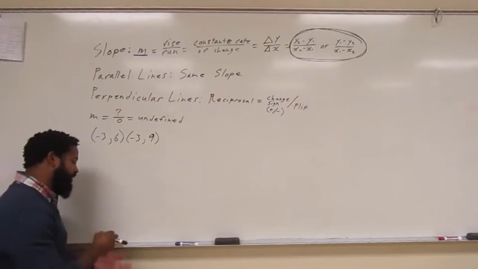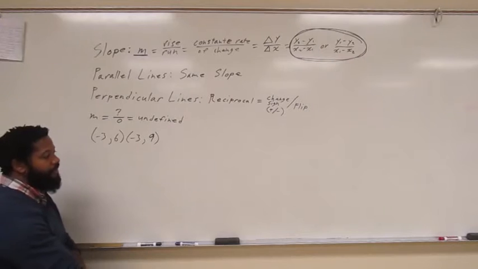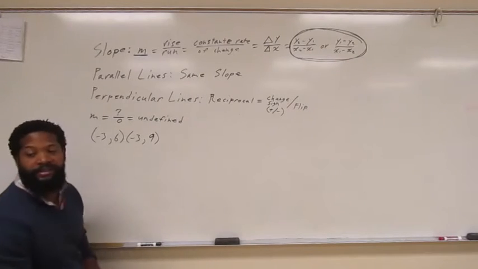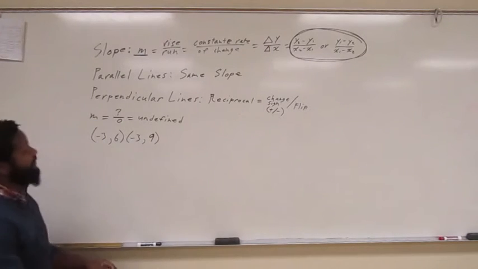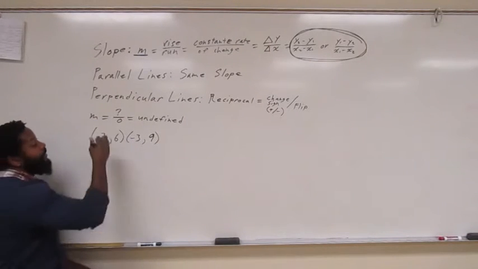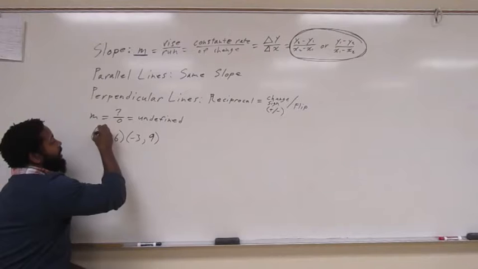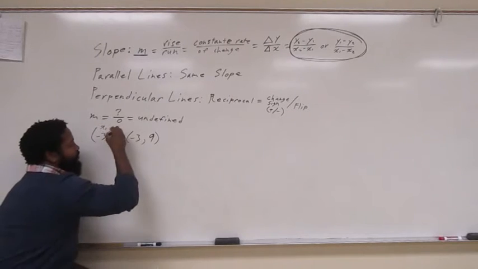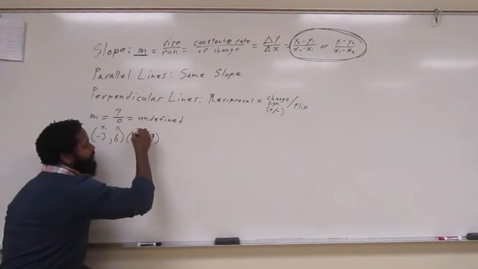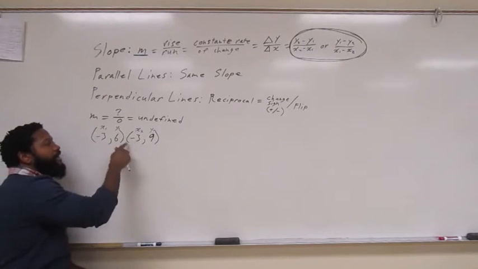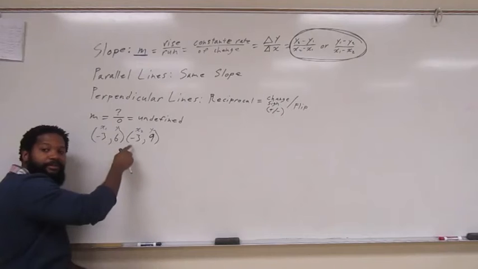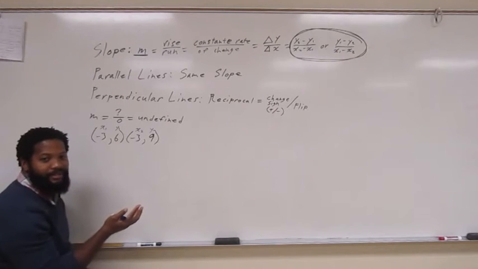If you're looking at this for a second, it's easy to tell. When you're looking at this, you have this x1. Of course, if you were to label this x1, y1, x2, y2, right? But notice how your x's are the same, right? That means they're going to cancel out.